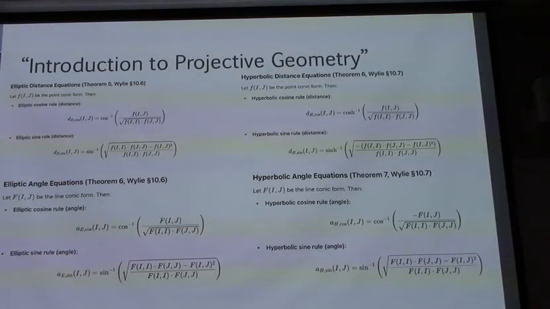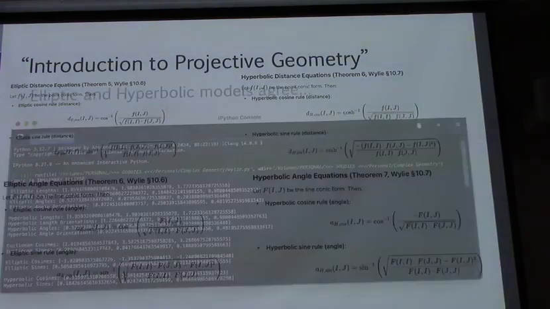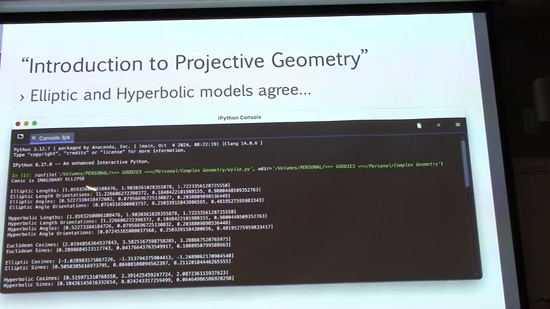And a little bit more introduction to projective geometry is the Wylie book. Very similar looking stuff to what you saw in Woods. And there's a lot of equations for that. But if you look at the elliptic lengths and the orientations and the angles, you'll notice they correspond perfectly between elliptic and hyperbolic models. Basically, the two models converge.